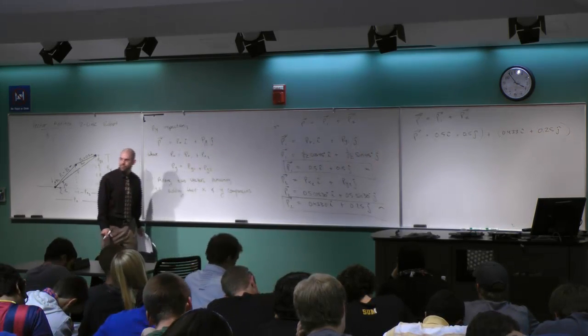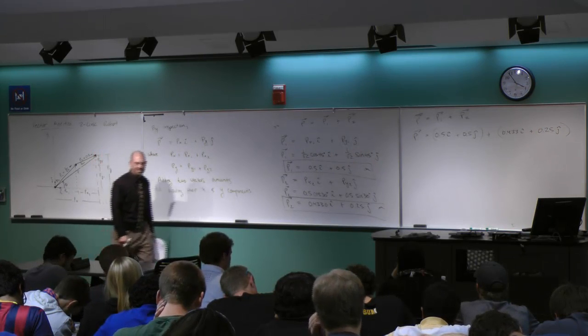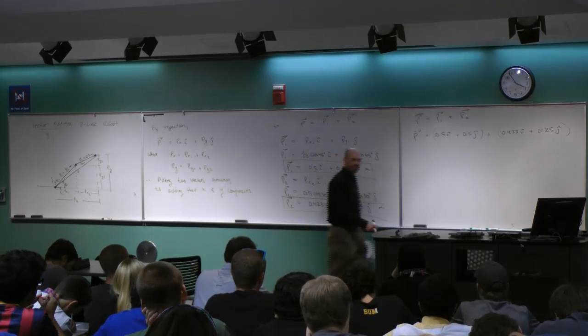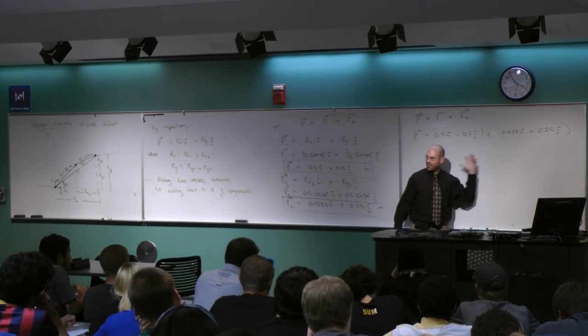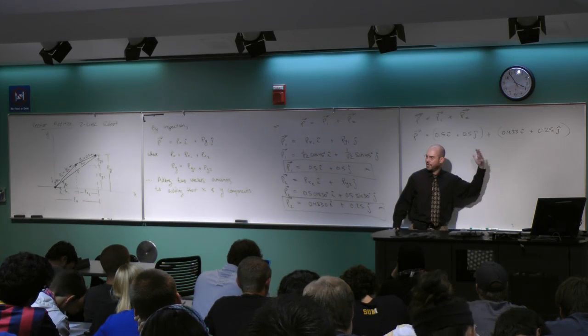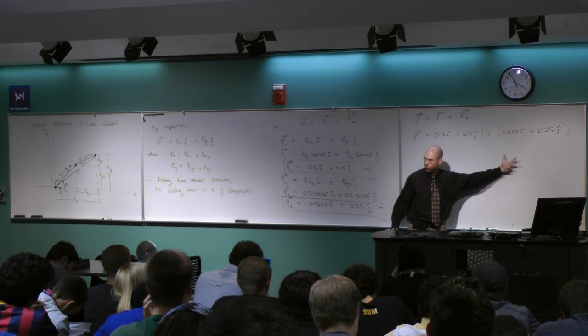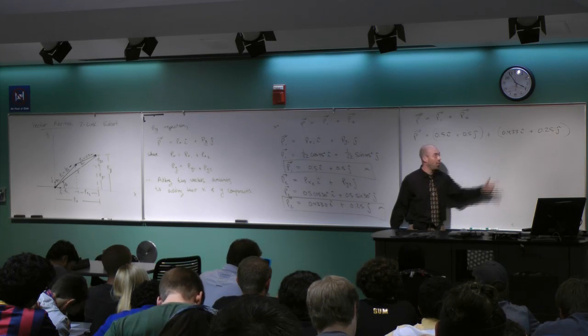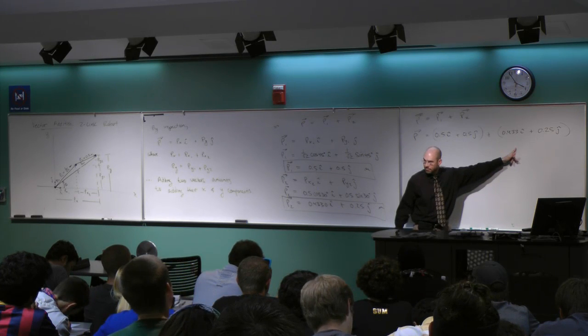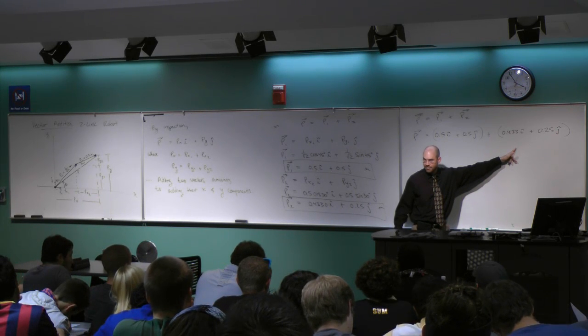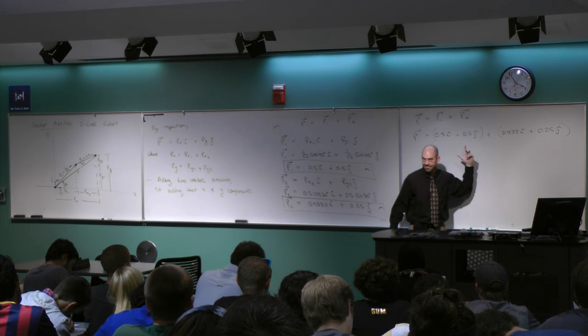See any like terms there? The i's and the j's are like terms. Note that when you reduce this to algebra and treat i and j like x's or y's, what you end up doing is adding the components.